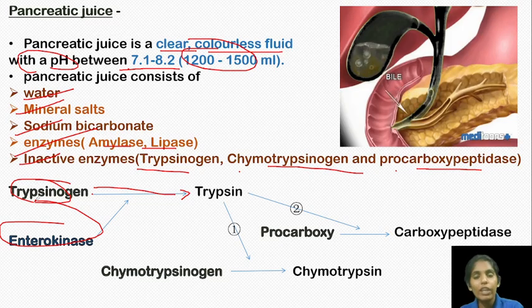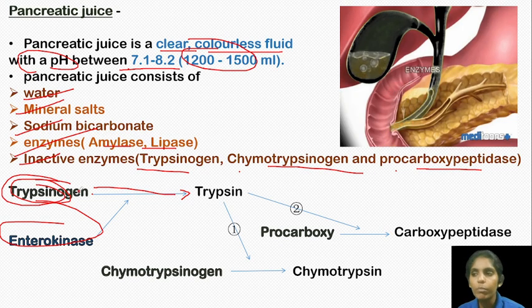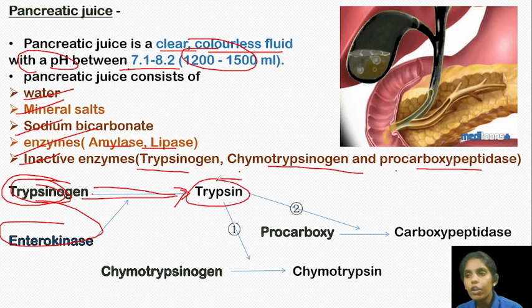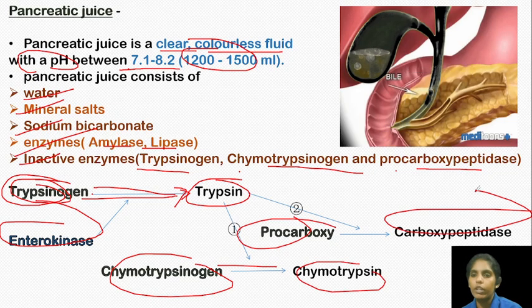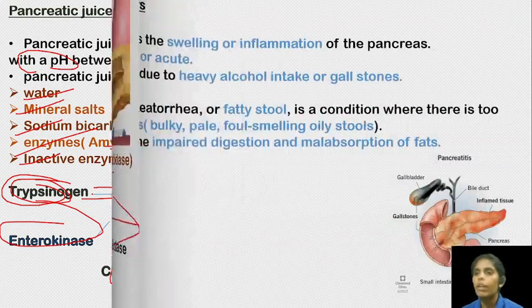This enterokinase will convert the trypsinogen into trypsin. And this trypsin in turn will activate the chymotrypsinogen into chymotrypsin and procarboxypeptidase into carboxypeptidase. Okay, that is about the pancreatic juice.